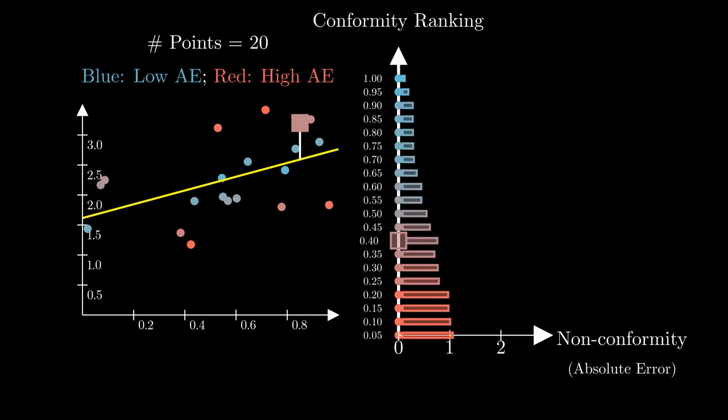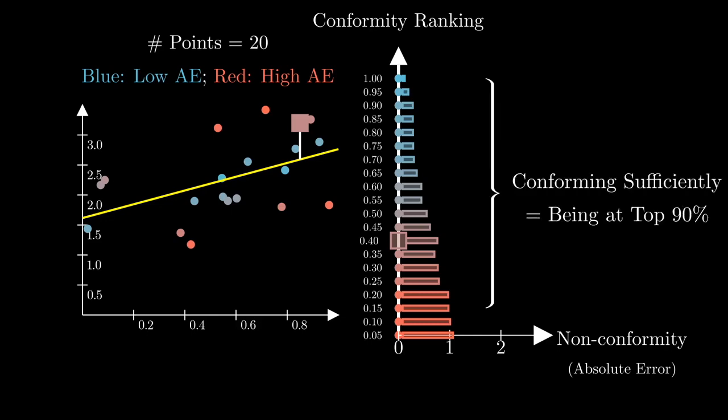So we have two axes, the vertical one showing the rank in the sorted non-conformity array, and the horizontal one showing the non-conformity value itself. Now we can define what it means for a point to sufficiently conform with a bag of points. We can, for example, say that if the point is located anywhere within the top 90% of the ladder, then it is sufficiently conforming with the bag of points.